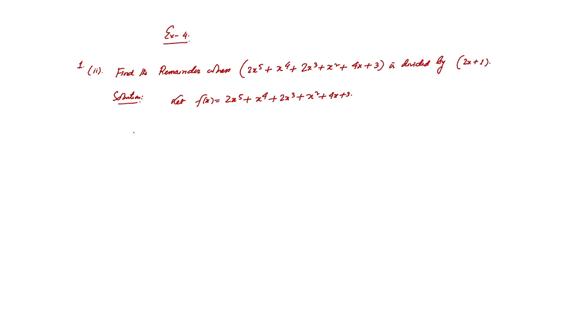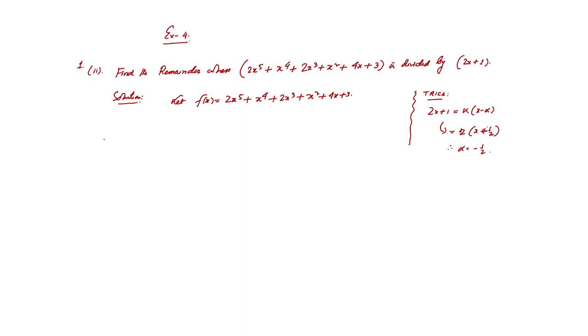Now the remainder, by the remainder theorem, here we can write 2x plus 1, the trick, as k into x minus alpha. That means 2 into x plus half. So just to compare, what is alpha? Alpha is basically minus half.